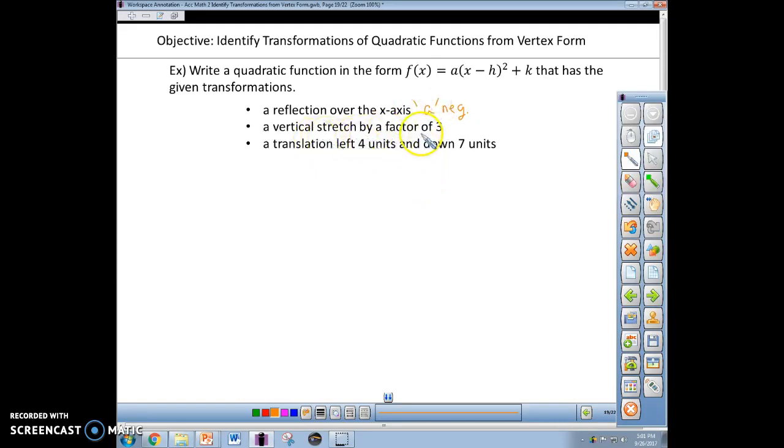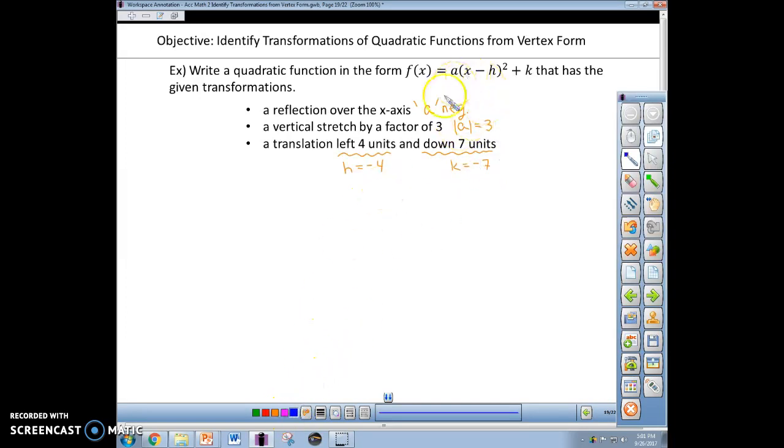A vertical stretch by a factor of 3 tells us that the absolute value of a has to be equal to 3. And then a translation left 4 units tells us that h would have to be equal to -4. And a translation down 7 units tells us k has to be equal to -7.